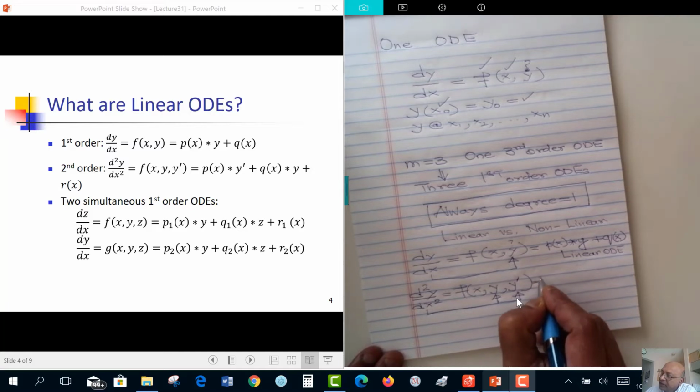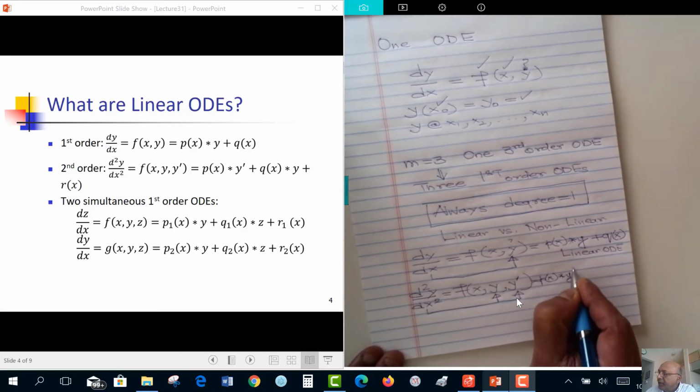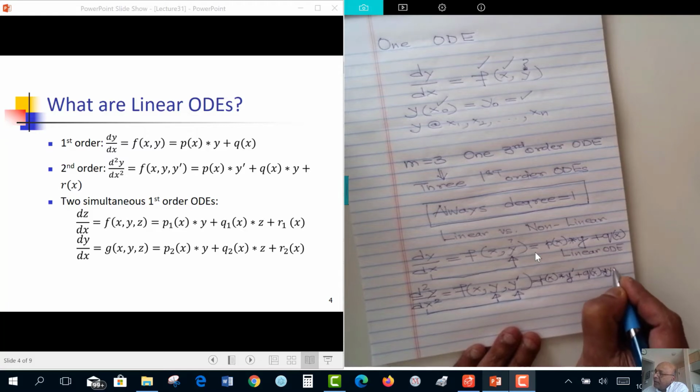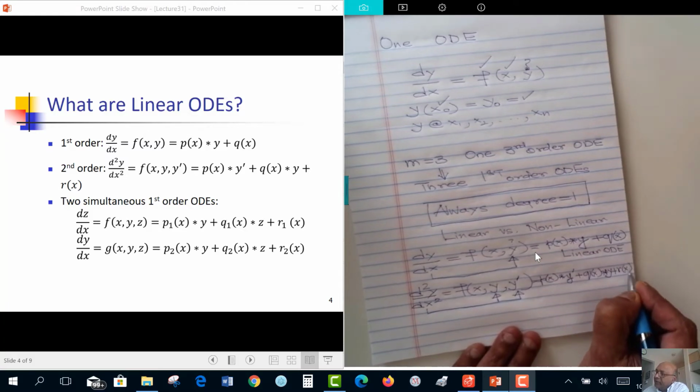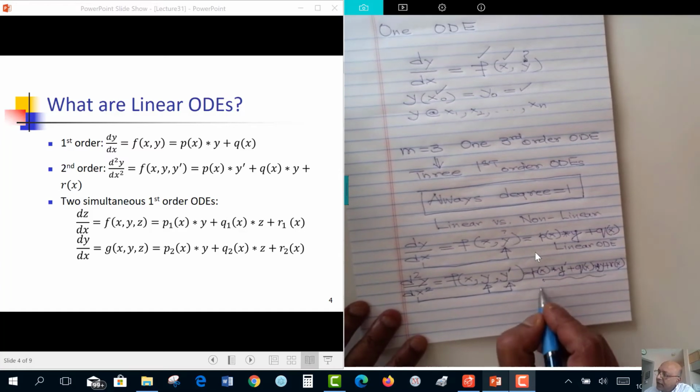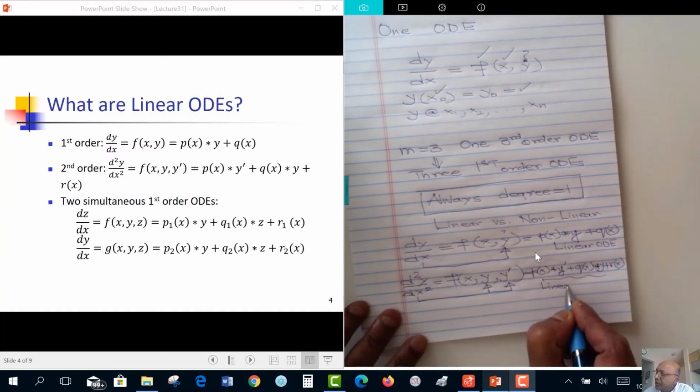So we can separate it out. We can say something times y prime plus something times y plus whatever is the remainder, which could be a function of x. So this is now a linear second order ODE.